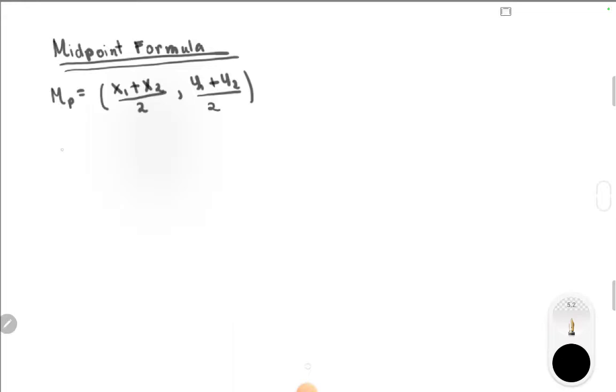So in order to prove to you this one, I would use some algebraic techniques and of course our distance formula. So let's say I have a line segment wherein I have my first point as my x1 and y1 and my second point as x2 and y2.